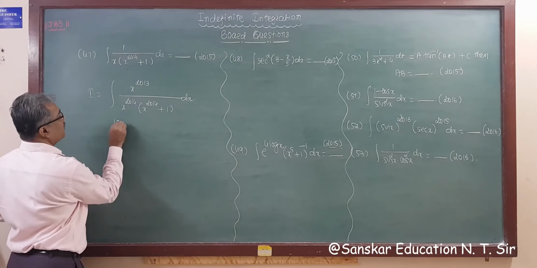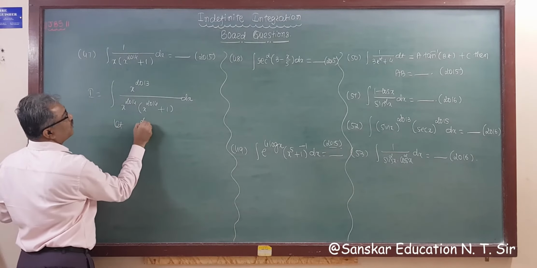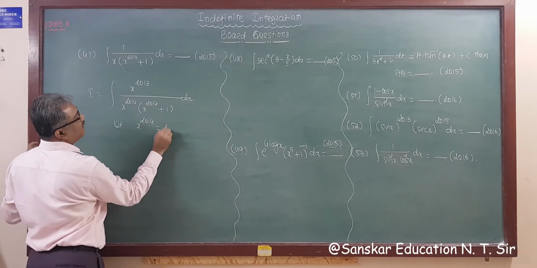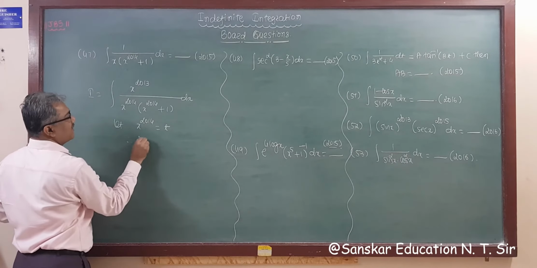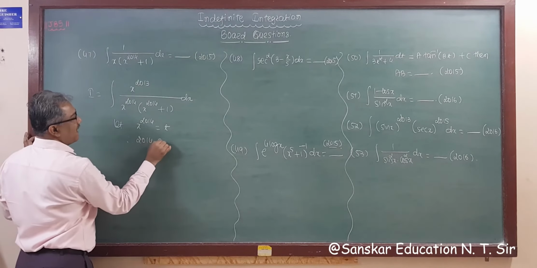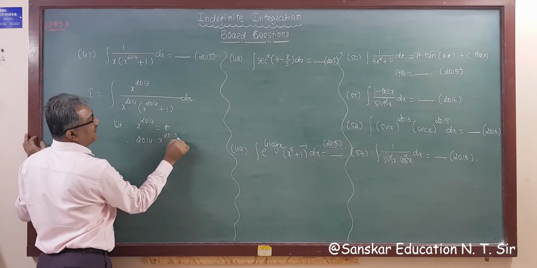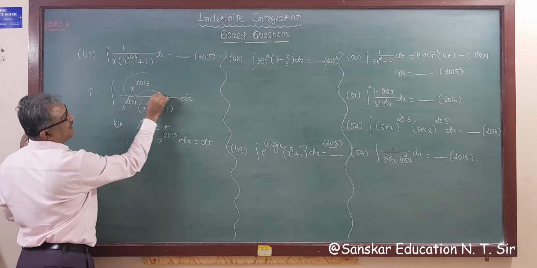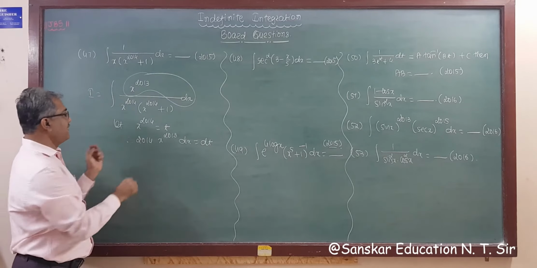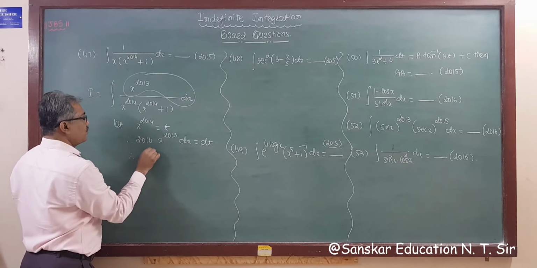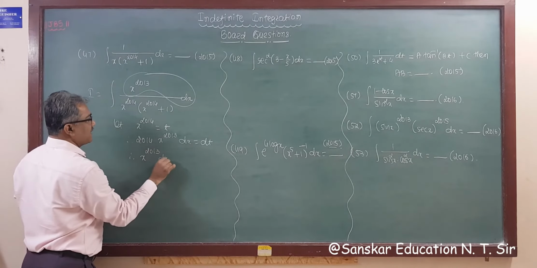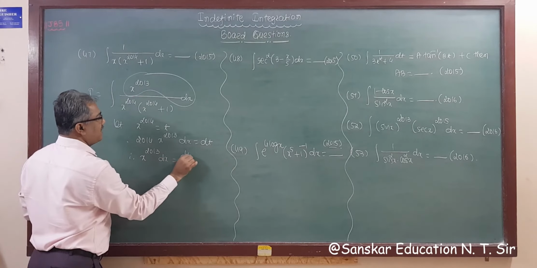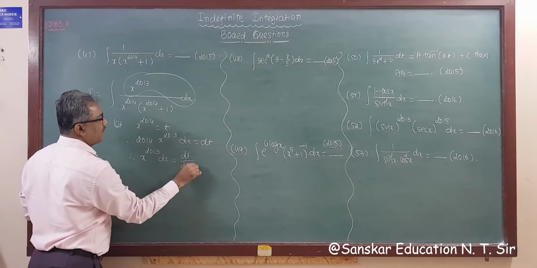Now assume x raised to 2014 is equal to t. So 2014 x raised to 2013 dx is equal to dt. But we have only x raised to 2013 dx, so x raised to 2013 dx is equal to dt upon 2014.